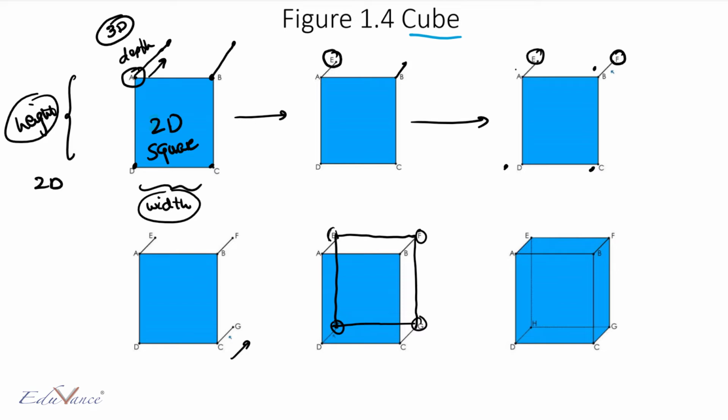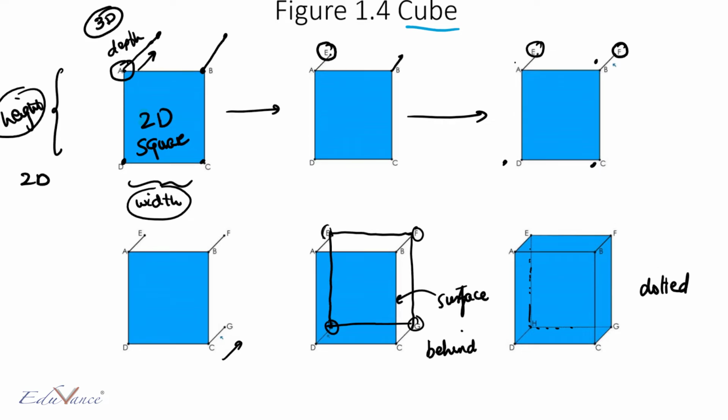If you see, these lines have been marked as dotted lines. That is because these lines are behind your actual surface. So this is your surface, and since these lines are behind it, we mark them using dotted lines.